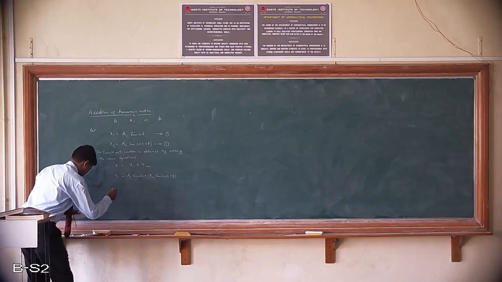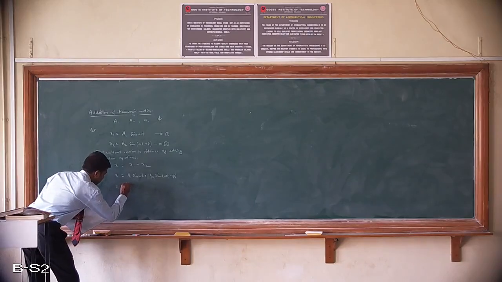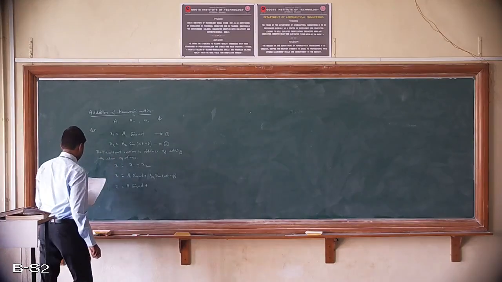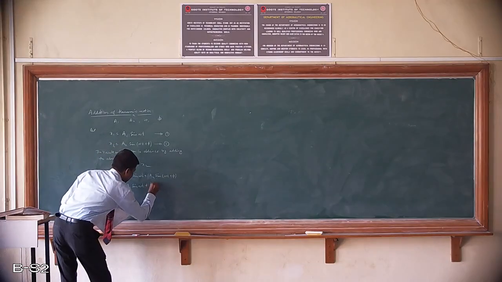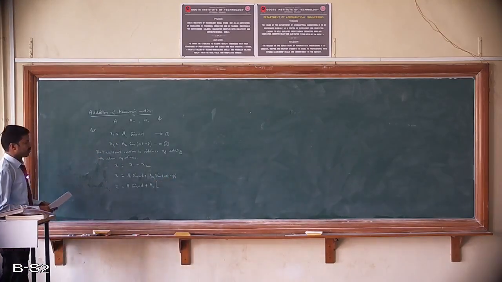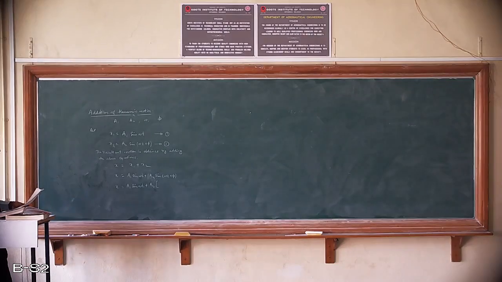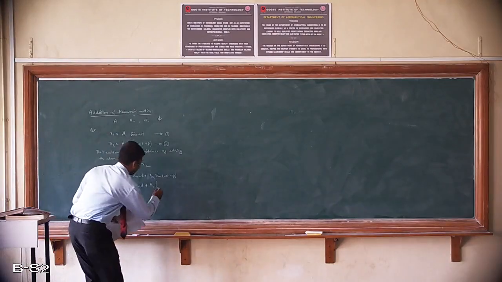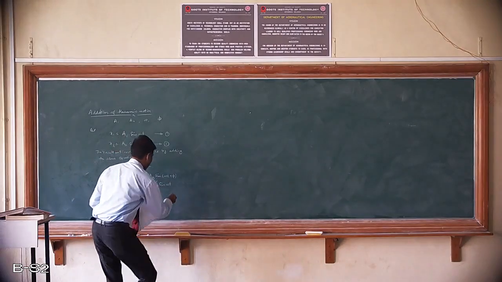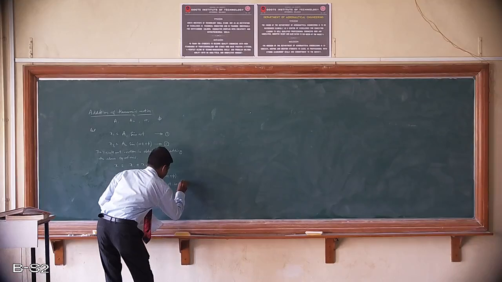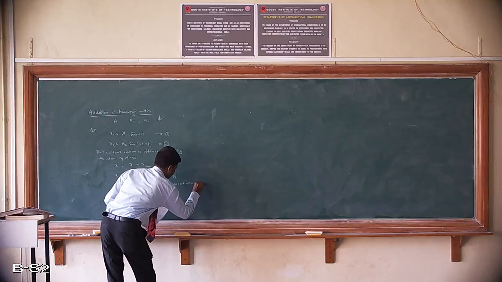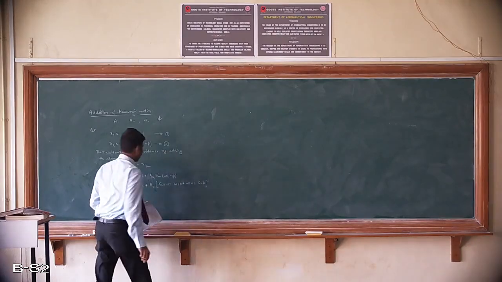Therefore x = a1 sin ωt + a2 [sin(ωt + φ)]. I have to expand sin(ωt + φ), so I will get sin ωt cos φ + cos ωt sin φ.